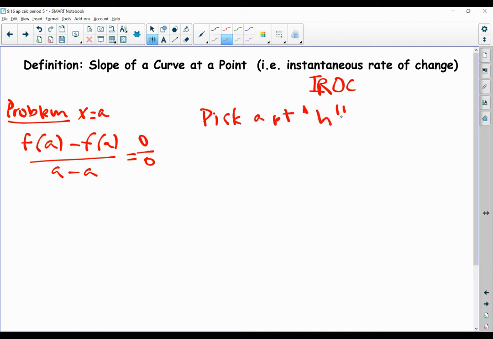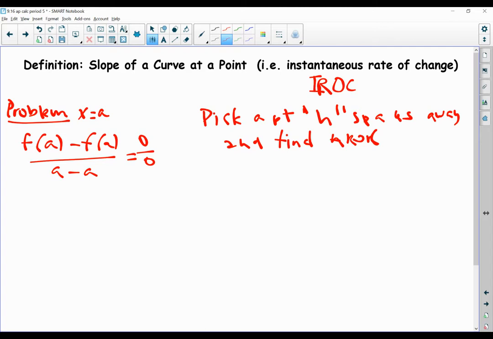h spaces away, and find the AROC. Now you're like, what does H represent? Oh, that should say AROC. H, for our intents and purposes, is going to represent a really, really, really small distance.